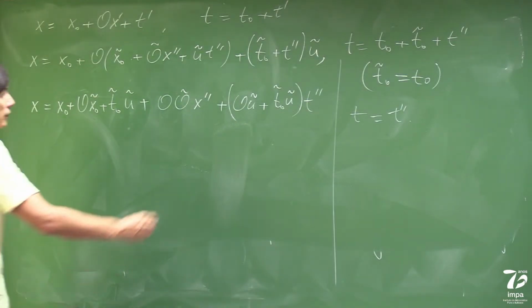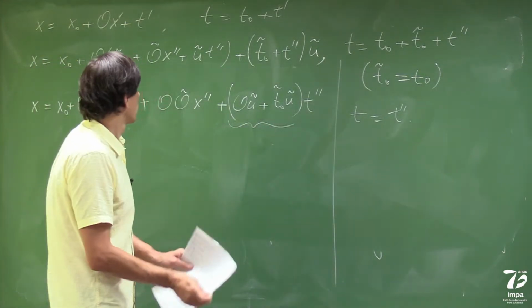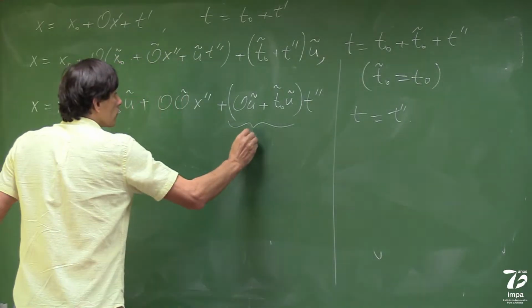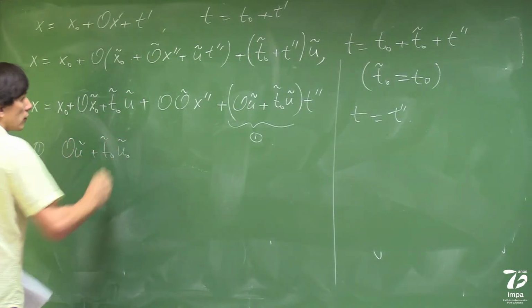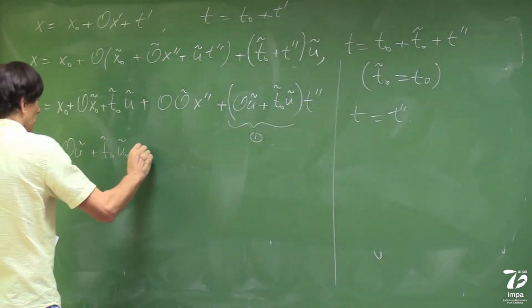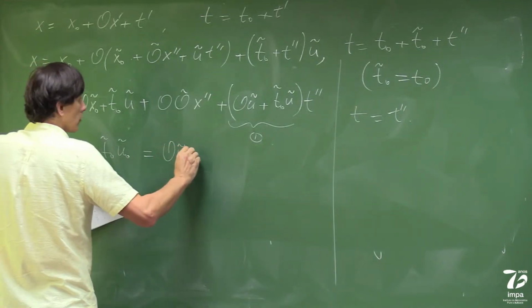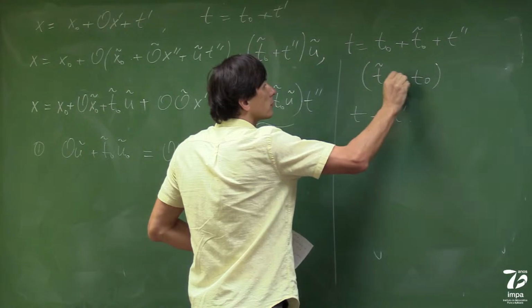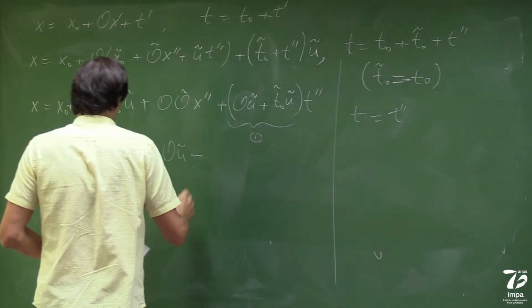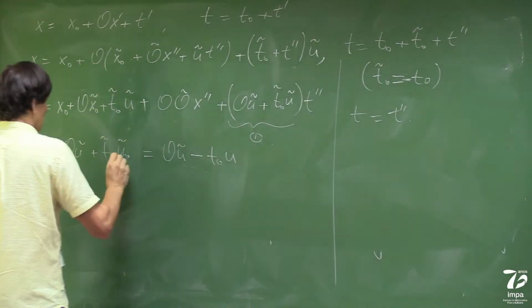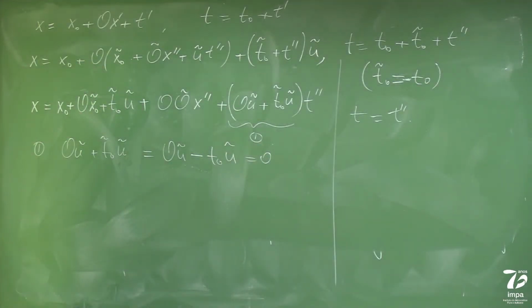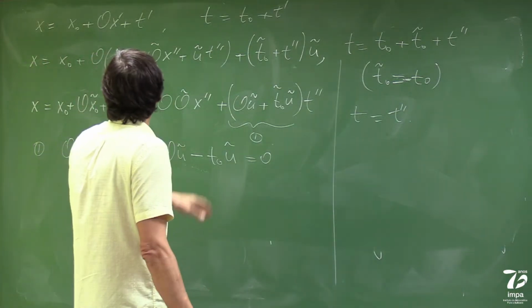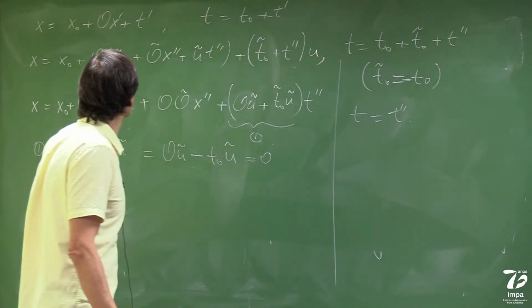So now we can find, what is this? We know that t0 tilde is minus t0. This is not tilde, this is u.